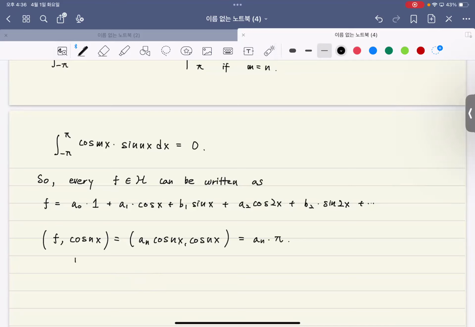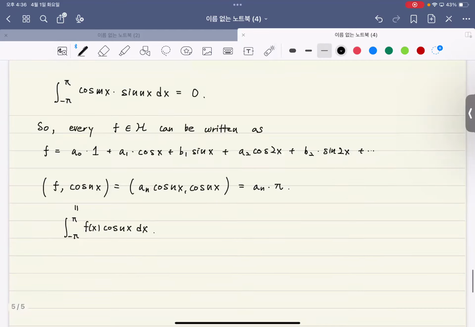And this is the integral from minus pi to pi of f(x) cosine nx dx. And likewise, if you take the inner product with sine nx, this is just b_n times sine nx.